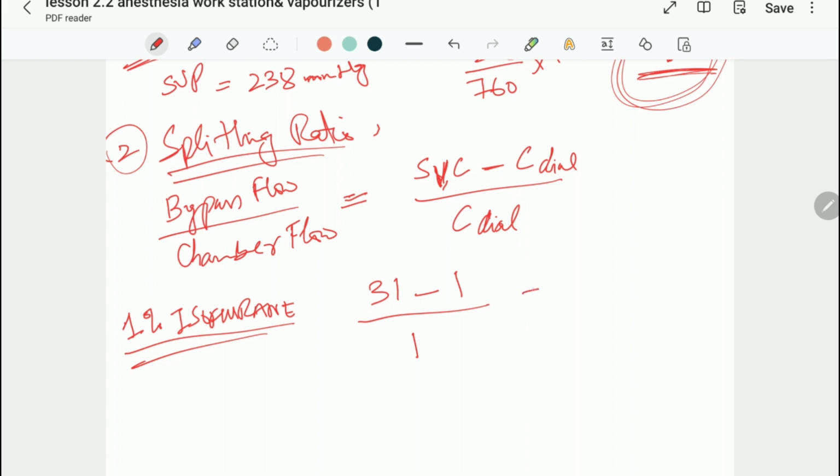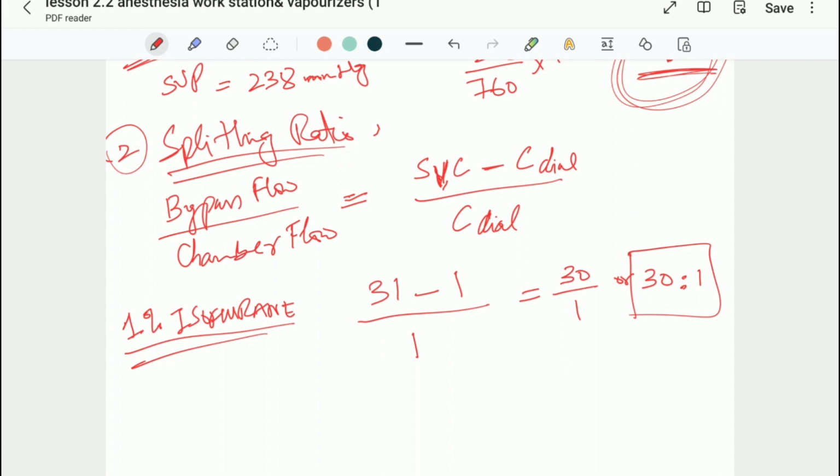So it would be equal to 30 divided by 1, or 30:1. This will be the splitting ratio for 1% isoflurane. That means for every 31 units of gas, 30 units must bypass the chamber and 1 unit must enter it.